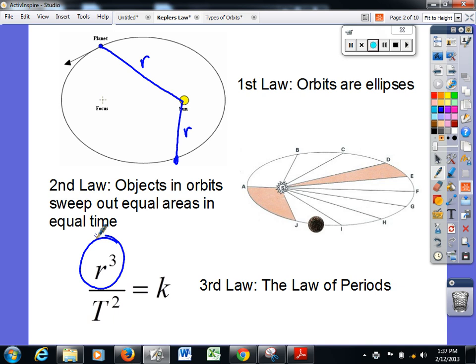So he discovered that if you cube the radius and divide it by the square of the time taken for a planet to orbit the sun, it was always the same. It was a constant. And that was for all the planets in the solar system. Okay? So remember, he's not basing any of this work on mathematics, he's just simply basing it on what he knows as observation.